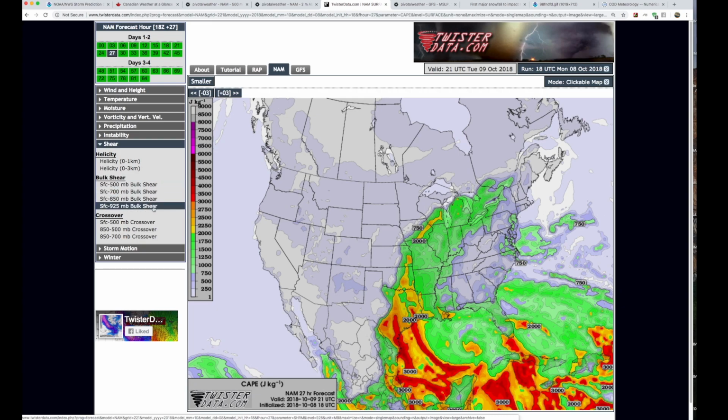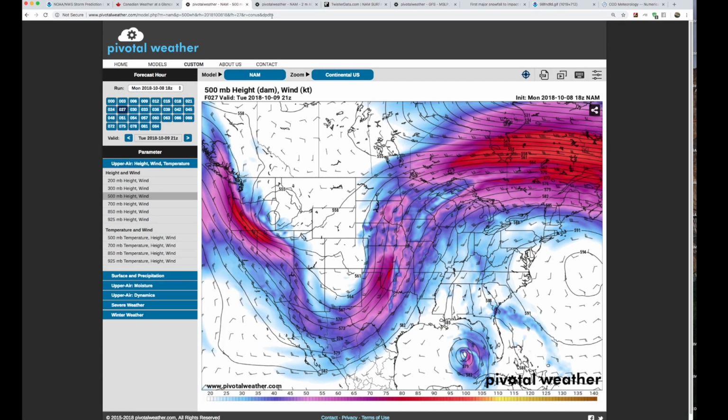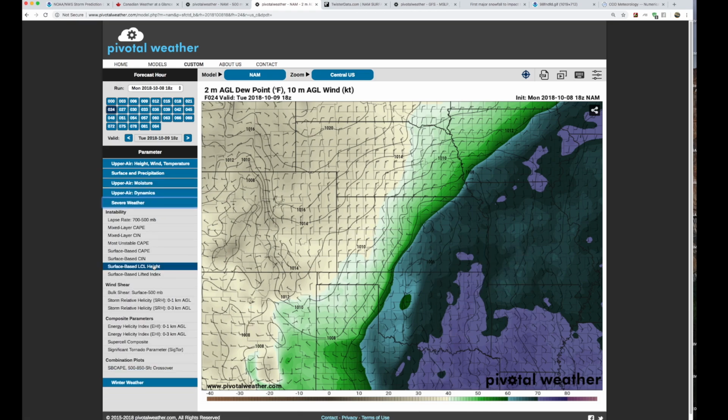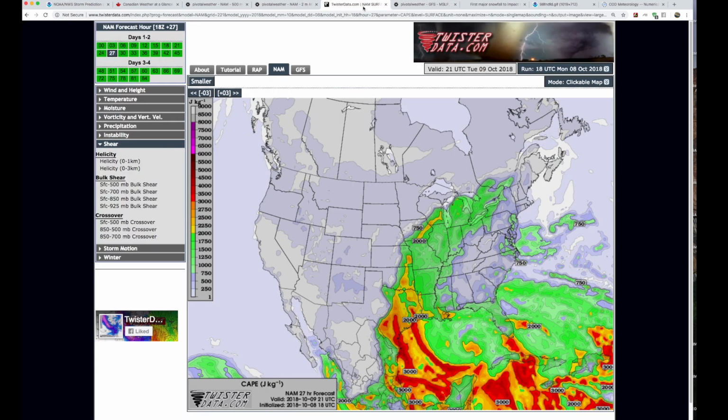So we can look at our different heights in the atmosphere. Here they're depicted in millibars. We're actually going to look at this website because it's going to be more localized. So we would expect to have some wind shear in here. So if we pull our wind shear, sorry, I'm actually going to pull this website because it's easier.